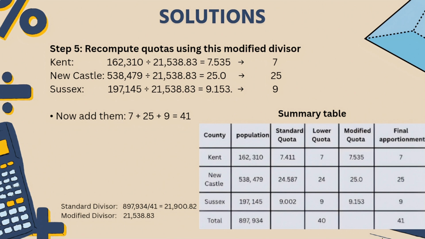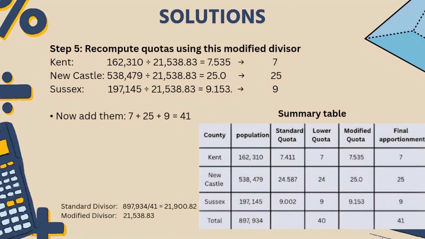For example, Kent has 162,310 divided by 21,538.83, which equals 7.535, equivalent to 7. Next is Newcastle, which has 538,479 divided by 21,538.83, equal to 25.0, which is 25.